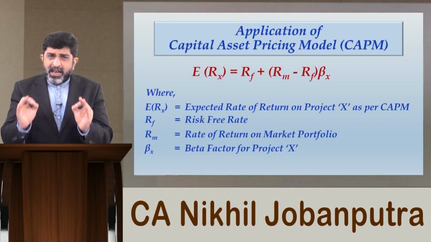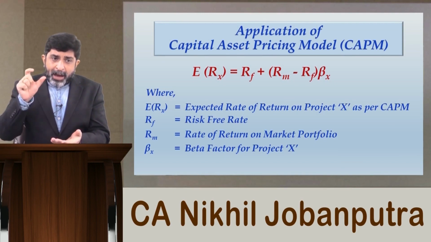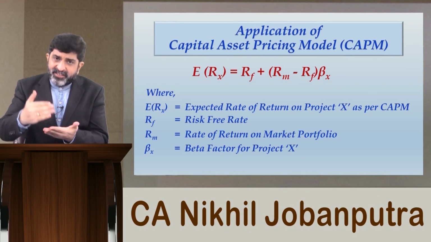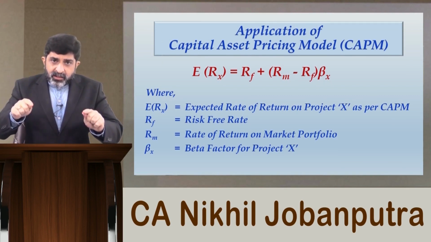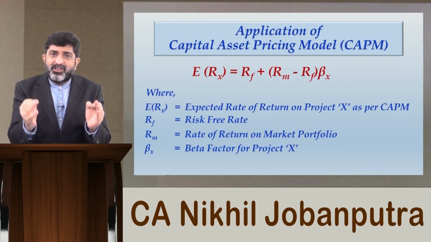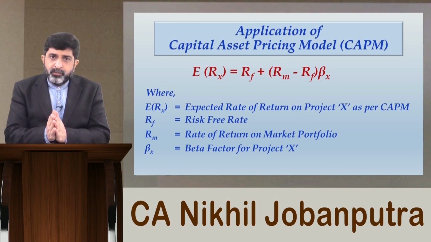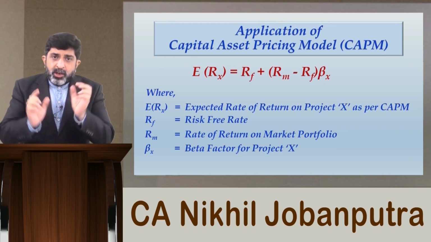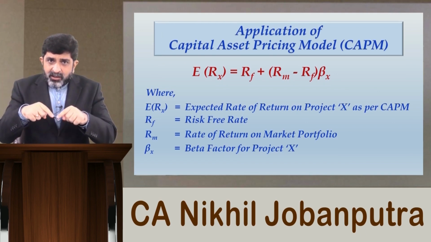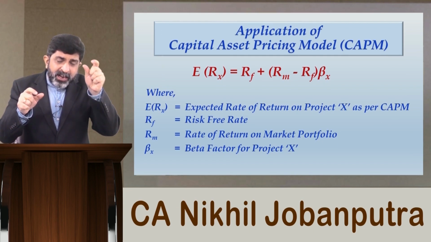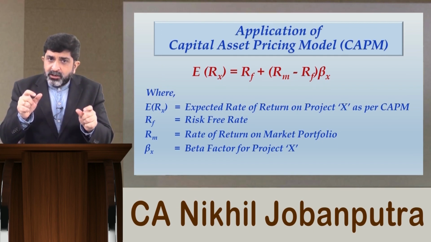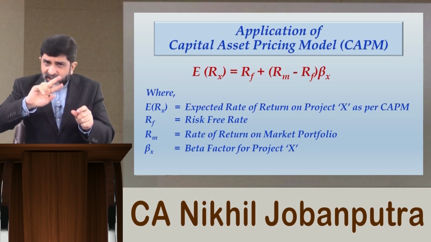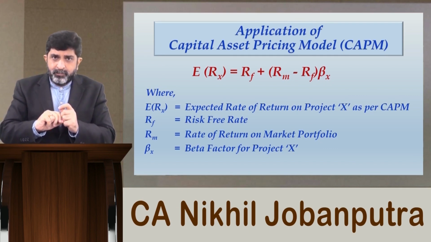So here we are discussing application of concept of capital asset pricing model within the category of risk adjusted discounting rate. In the previous question, what did you see? You have seen a table giving different degrees of coefficient of variation along with the applicable RADR on a corresponding basis.